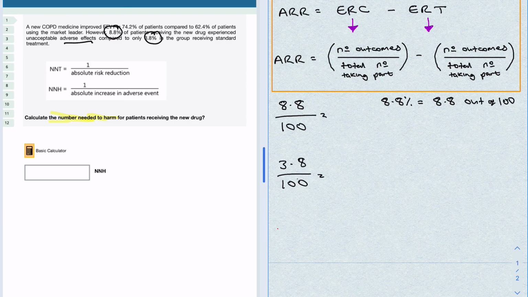So 8.8 divided by 100 is 0.088. 3.8 divided by 100 is 0.038. When we had number needed to treat, we were calculating the absolute risk reduction. What we're doing here is exactly the same thing again, and instead of calling it absolute risk reduction, we're calling it the absolute increase in adverse events.